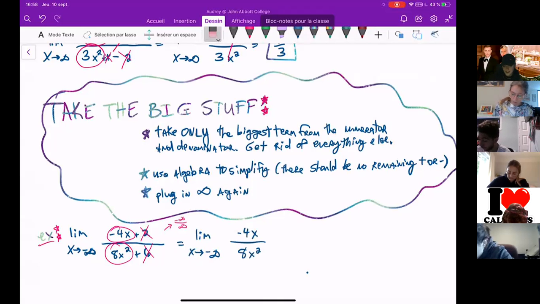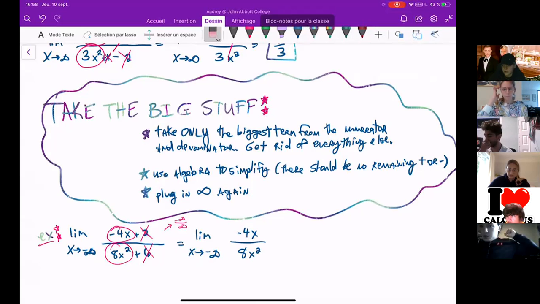So right now, from here, I should easily be able to see which infinity is stronger. Do I have a stronger infinity, or are they going to balance each other out? You got it, Luca. That bottom infinity is stronger. If the bottom infinity is stronger, what should the answer be? 0. You got it. We said if the bottom infinity wins, we're going to get 0. But we can continue on and see that.